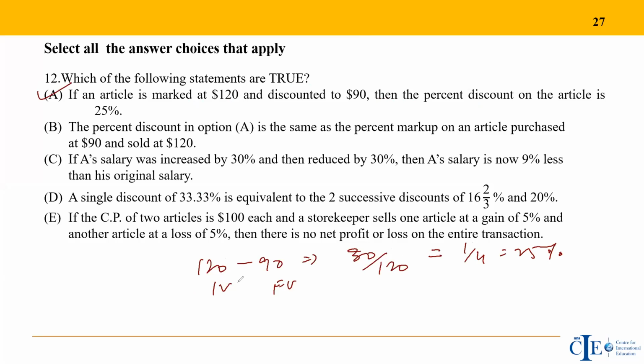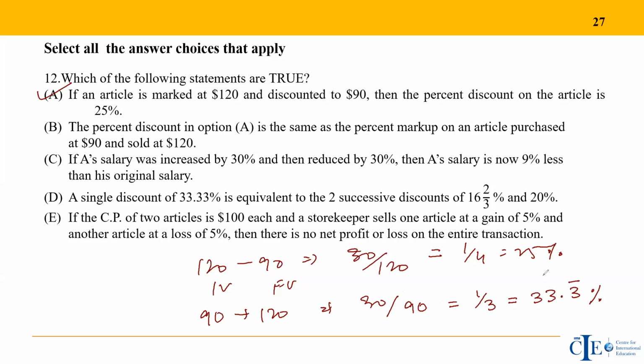B on the other hand says if this was marked up, from 90 to 120, then it will still be an increase of 30, but on the value of 90. So this would be 30 on 90, which will be 1 by 3, and hence the markup will be 33.33%.